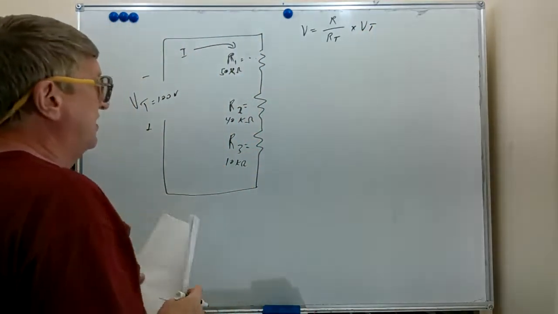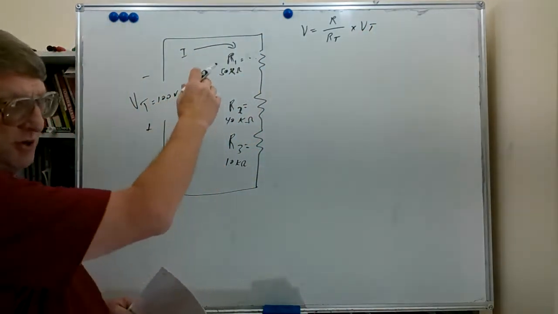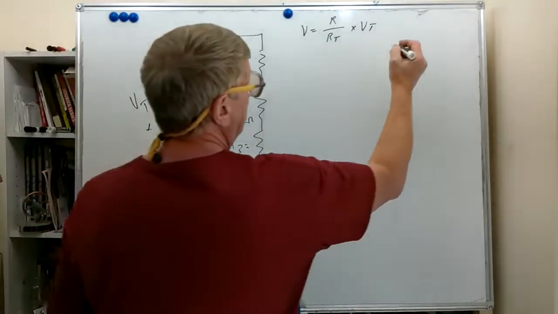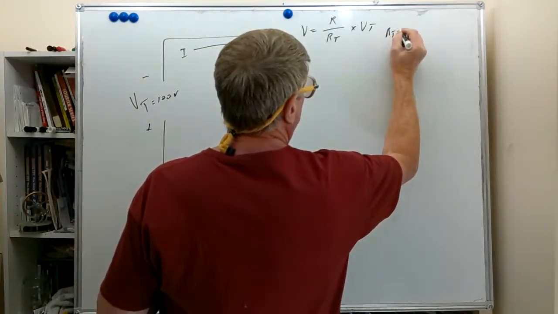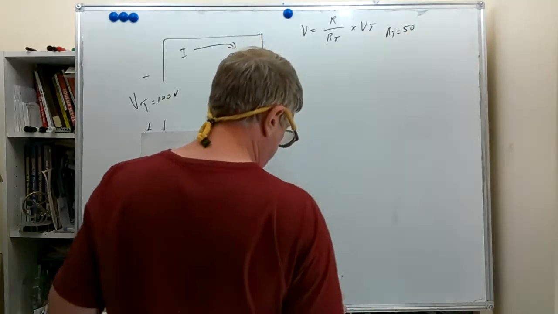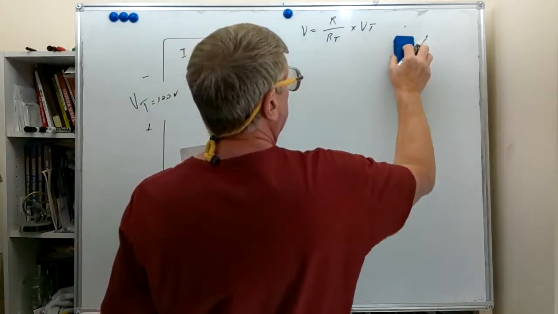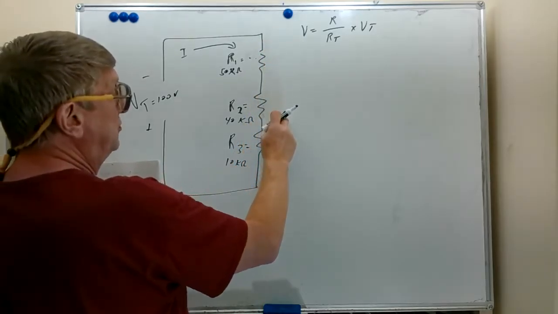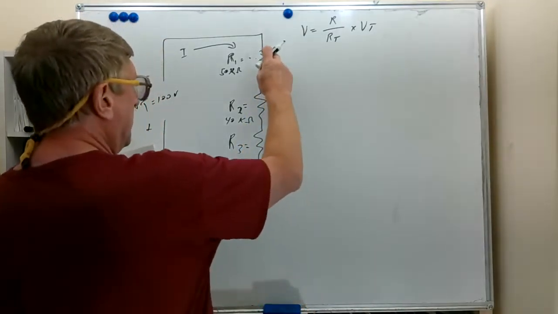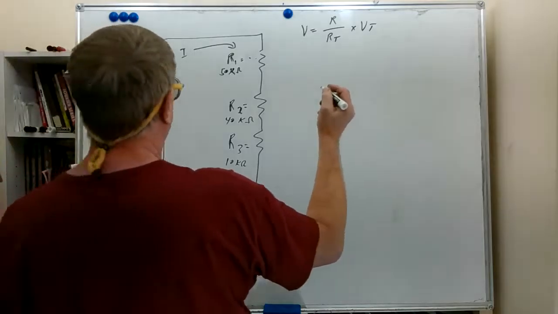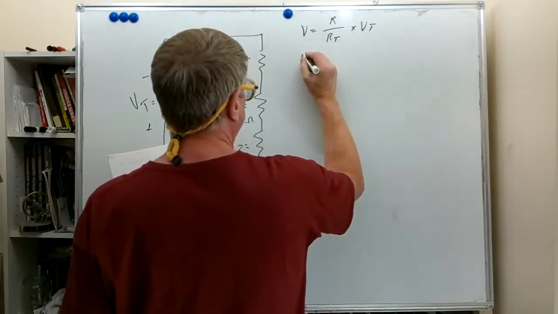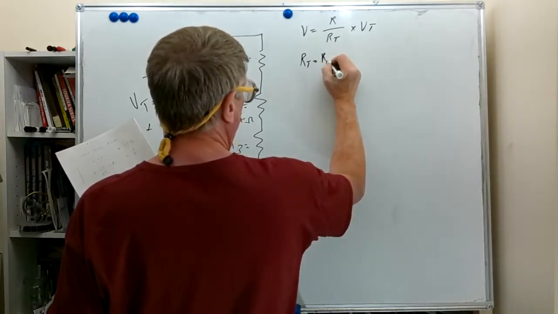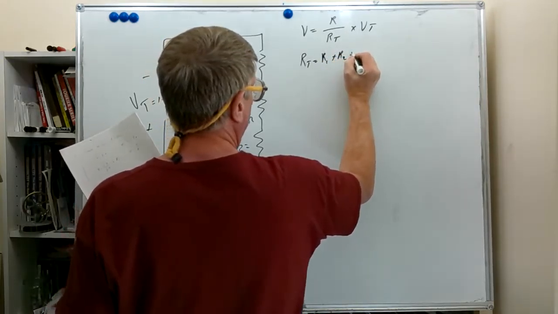First of all, let's calculate RT here because we're going to use that repeatedly. RT is equal to R1 plus R2 plus R3.